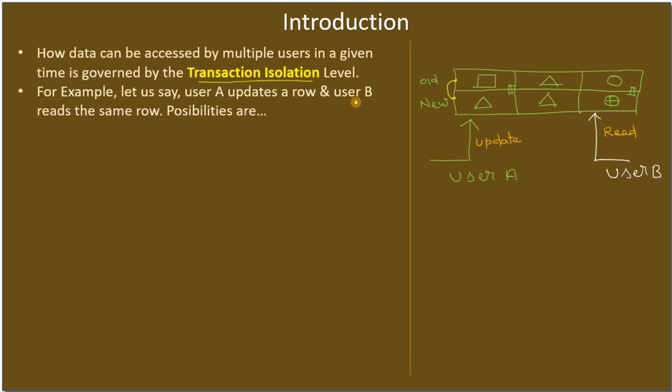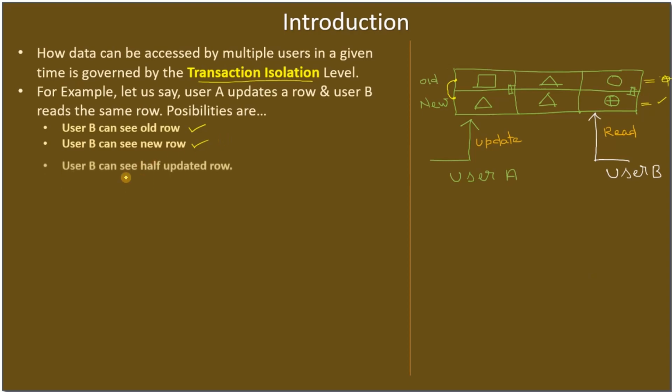So from user B's perspective, the possibilities are that user B can see the old row. That means these two are happening simultaneously, right? So there is a possibility that user B reads the old row even though it got updated, or user B can see the new row. This is the welcome option, but it may lead to errors or need to be handled. And the worst situation is that user B can see a half updated row.